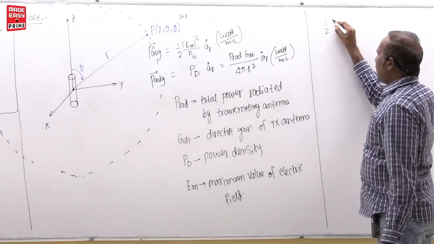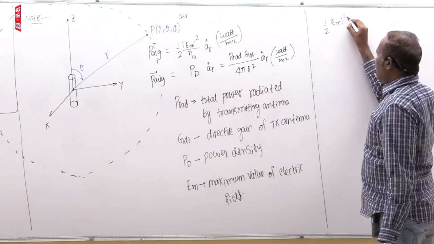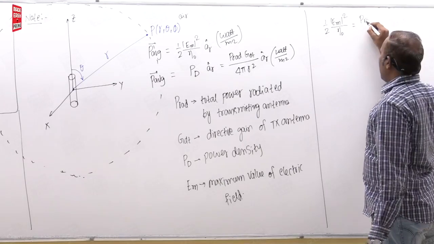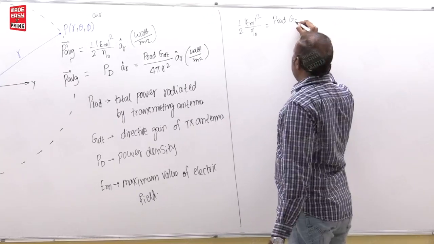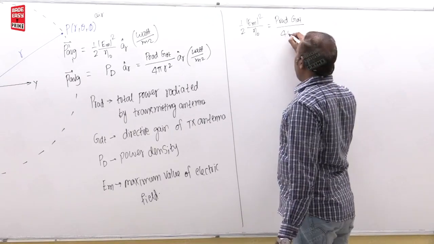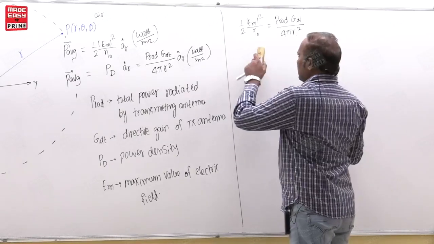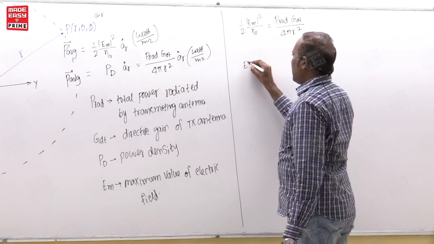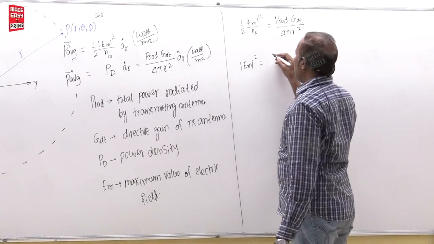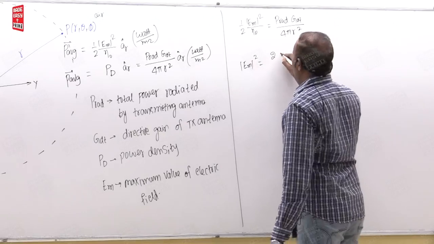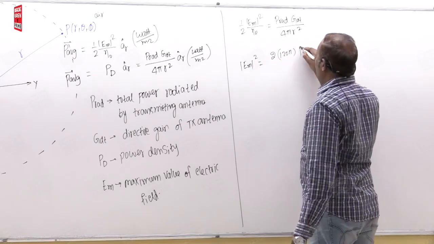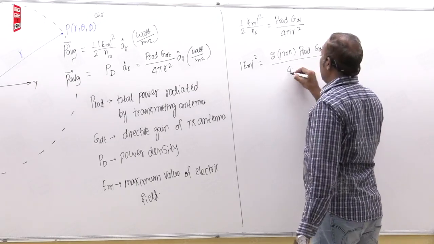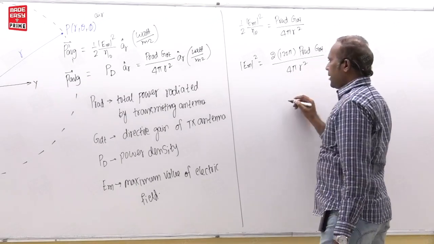So half EM square eta naught is equal to power radiated GDT divided by 4 pi r square. You can write one more step: EM square is equal to 2 times eta naught, which is 120 pi, times power radiated GDT divided by 4 pi r square.